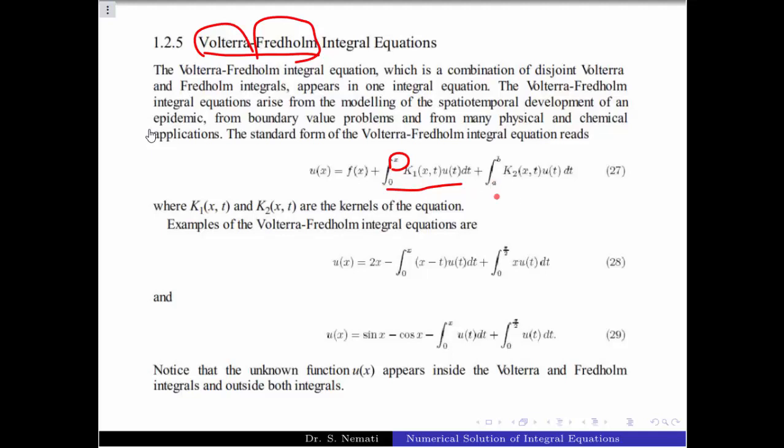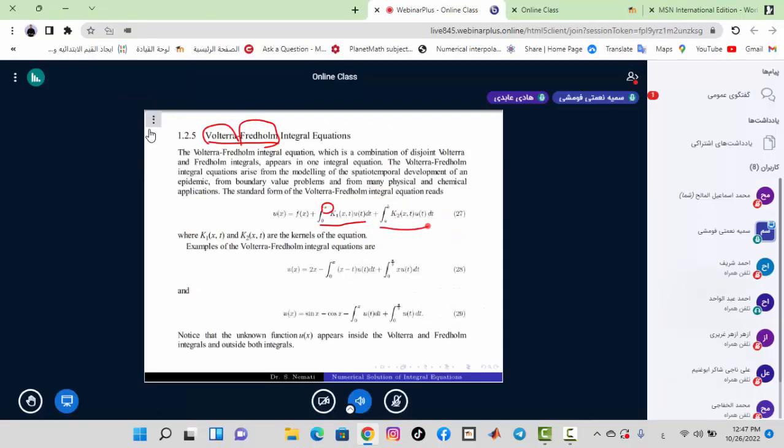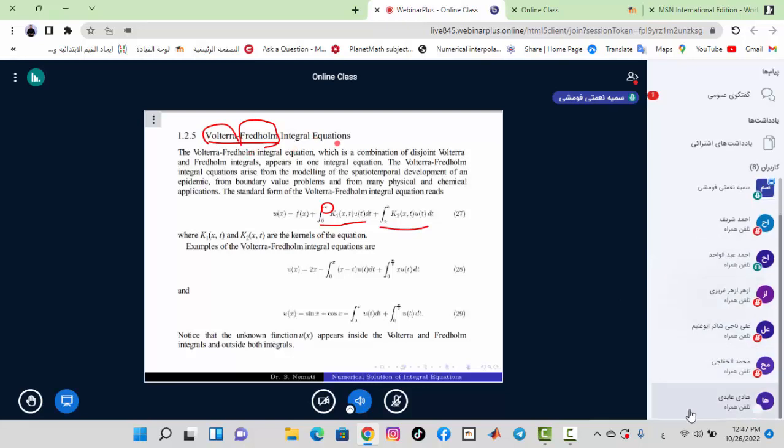And in the second integral, you have both lower and upper bounds of integration as constant or fixed numbers, and this part makes the Fredholm part of this integral equation. So since we have both Fredholm and Volterra parts, we call this kind of equation a Fredholm-Volterra or Volterra-Fredholm integral equation.